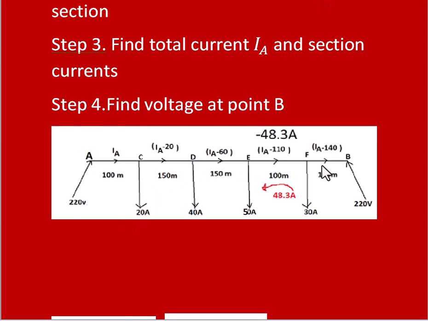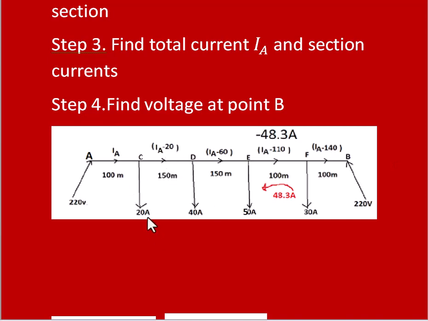So these are the feeding points, feeding 220 volts here, similarly here 220 volts, and the load currents are given here, and then applying the KCL and assuming that the current is flowing from point A towards point B. So assume that the total current is IA, and then we can calculate what is the current flowing here.